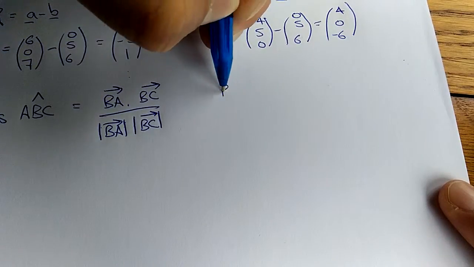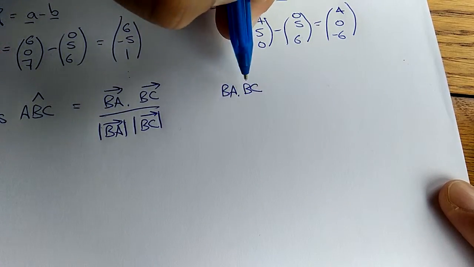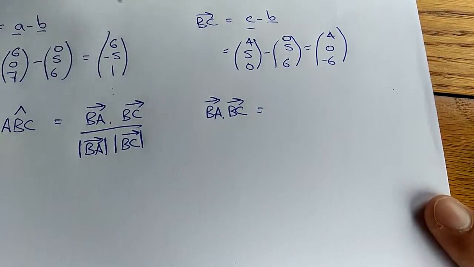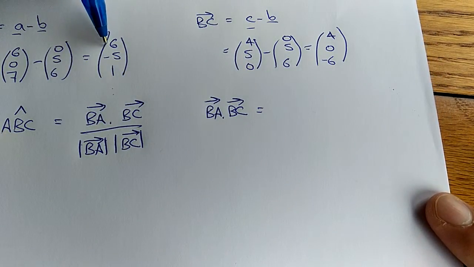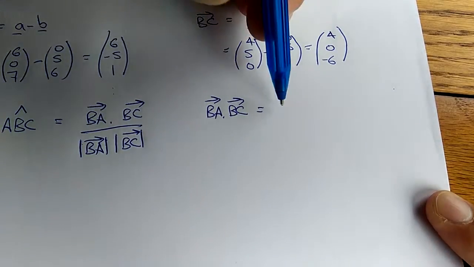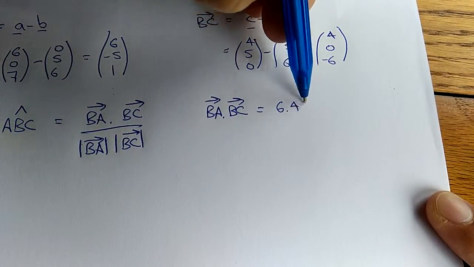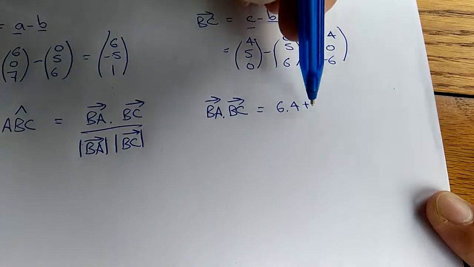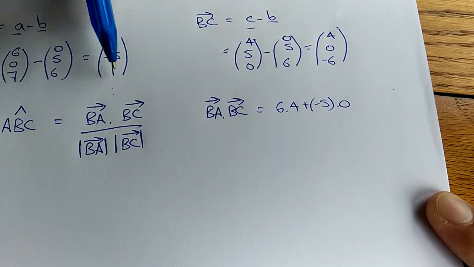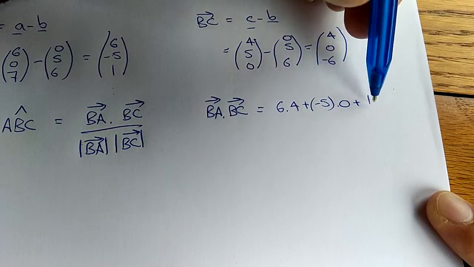So BA dot BC is going to be, and to find BA dot BC, you simply just do the i terms, the i's multiplied together, plus the j's multiplied together, plus the k's multiplied together.